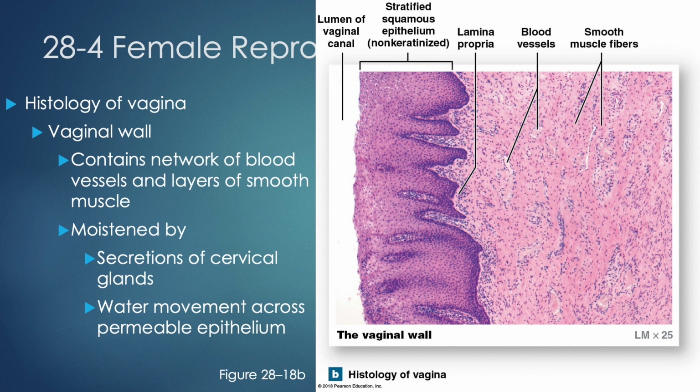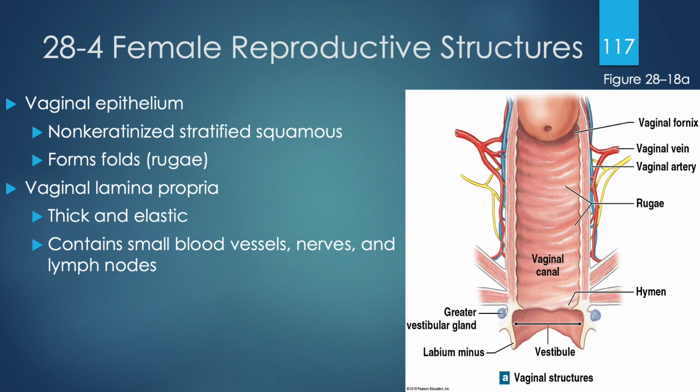to the epithelium. The vaginal epithelium is a non-keratinized stratified squamous epithelium, and it forms folds which are called rugae. So when we look at the image on the right, you can see the rugae are listed about in the middle of the image, showing you how there are multiple folds in the vaginal epithelium.